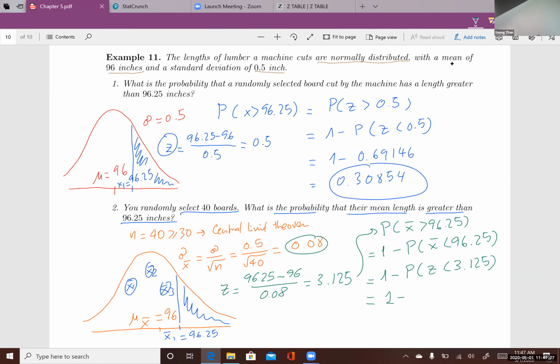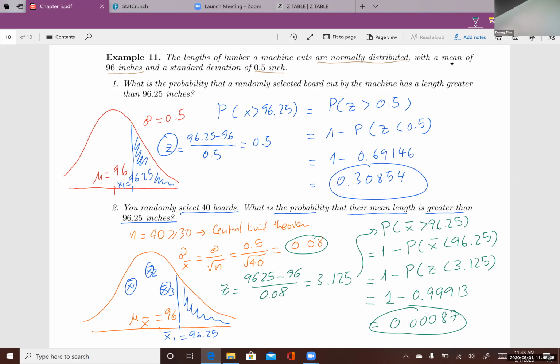1 minus 0.99913 will give you 0.00087. Okay. What does that mean? That means if you pick 40 bores and you find the mean length of those 40 bores, the probability that the mean length is greater than 96.25 will be very, very small.